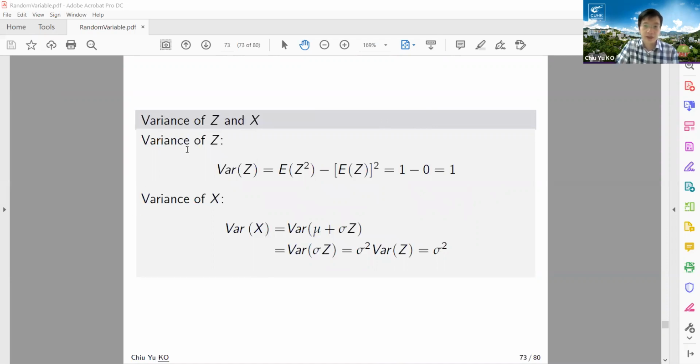And the variance of z is what we found: this is 1, this is 0, so this is 1. Okay, so the variance of z is 1. And the variance of x: how do you arrive at it? x is mu plus sigma z, and when you add a constant, the constant is gone. You have sigma out, sigma squared, and this is 1, right?